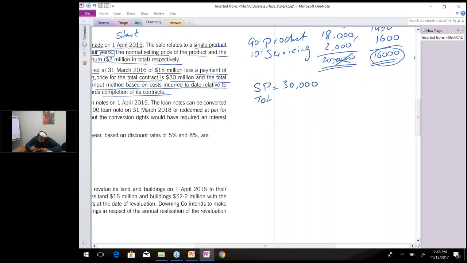The total estimated cost is 24,000. The cost that we have incurred to date is 15,000, and the revenue that we have received is 10,000. So these are the four relevant values being provided in the question.